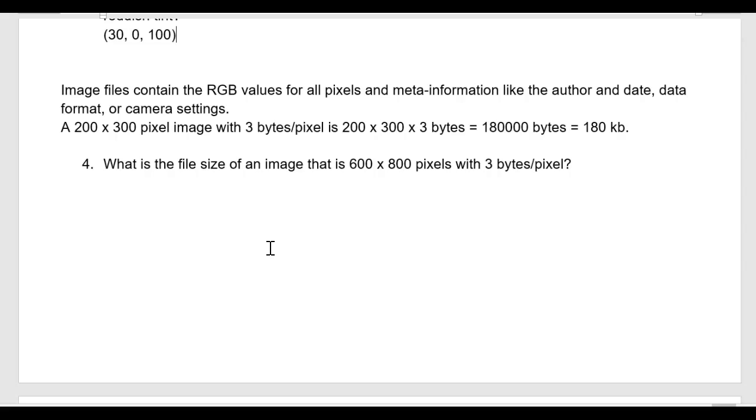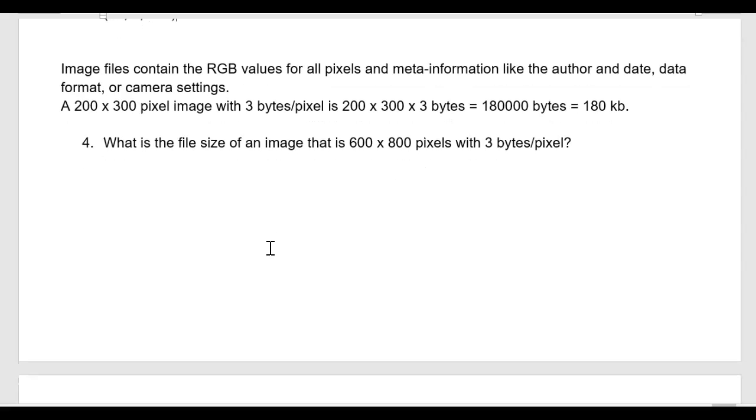But for now, let's just say that all images have 3 bytes to them, which, for example, JPEGs have. Now, of course, JPEGs are going to have other things, other meta information like author and date taken, and format and things like that, camera settings.